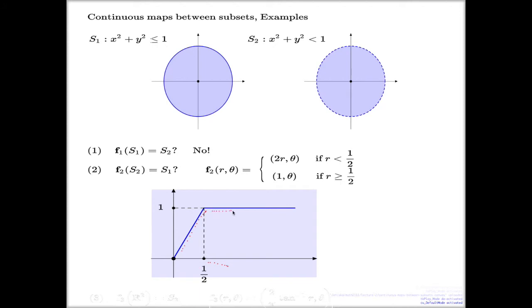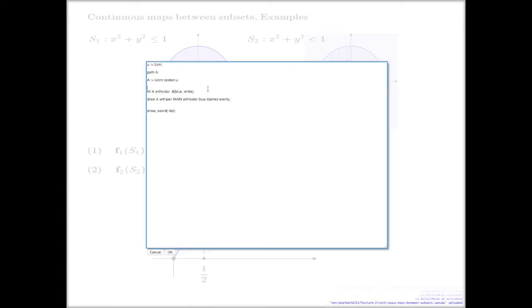Beyond 1/2, it's just 1. So what happens with this disk is this. You take this inner disk of radius 1/2, and everything within this disk, except the boundary, you double, you just stretch it radially, and that will make this disk without the boundary. But then everything outside this 1/2 disk, why don't I picture this 1/2 disk? Can I do that? I think I can.